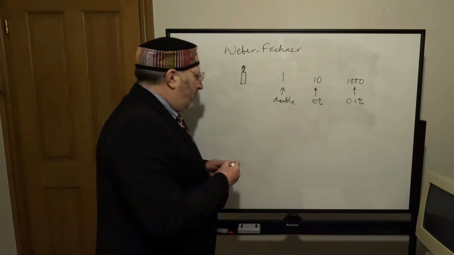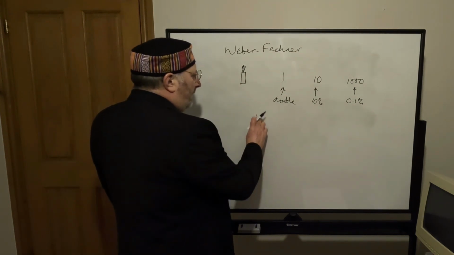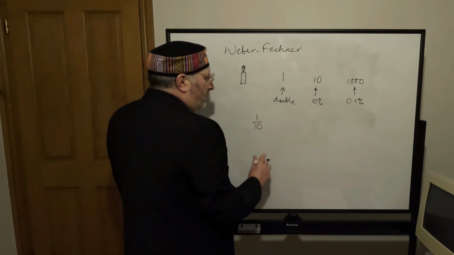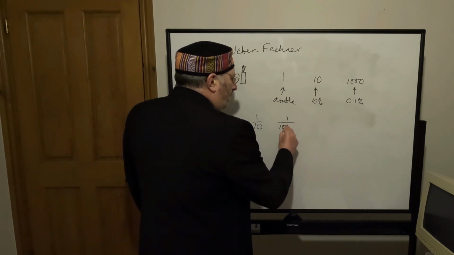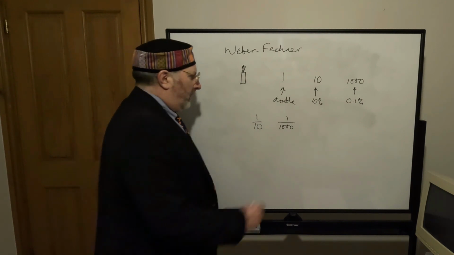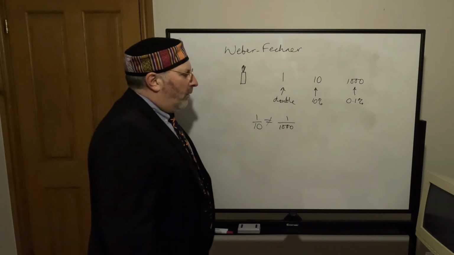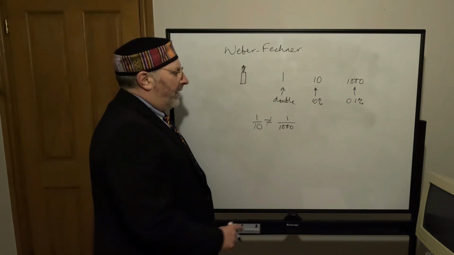What we're saying there is that adding an extra mile on a journey of 10 is adding 1/10 to your journey, whereas adding an extra mile on a journey of 1,000 is only adding 1/1,000th, and 1/10 is not equal to 1/1,000th. So we don't perceive these as being the same thing.